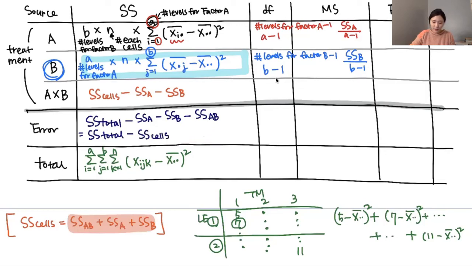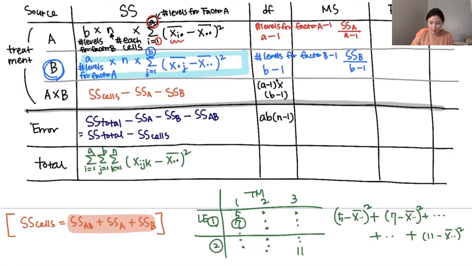And degree of freedom of interaction effect is the number of levels of factor A minus 1 times the number of levels for factor B minus 1. So we can write it as a minus 1 times b minus 1. Here, 2 minus 1 times 3 minus 1. And error is ab times n minus 1.